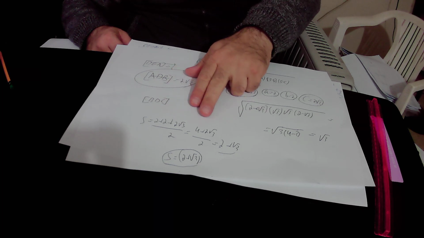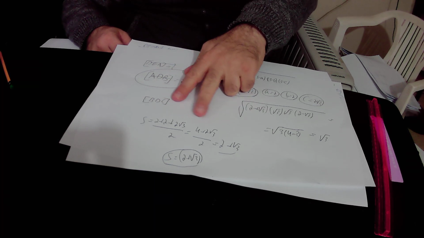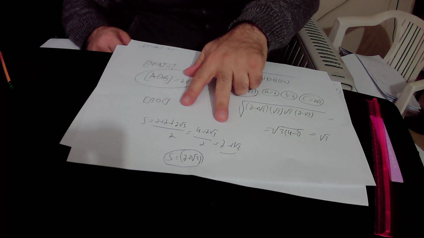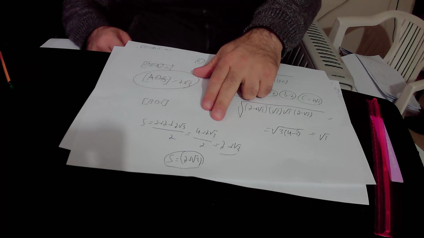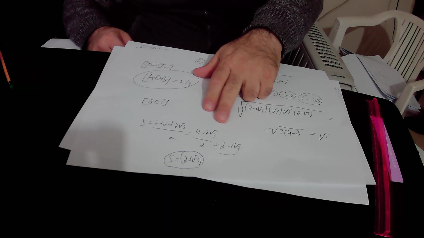So the semi-perimeter equals 2 plus 2 is 4, plus 2 times square root of 3, over 2. 4 over 2 is 2, and 2 times square root of 3 over 2 is square root of 3.